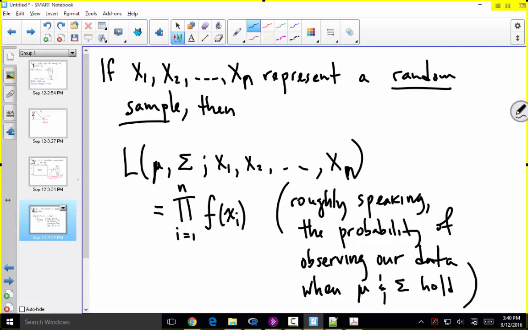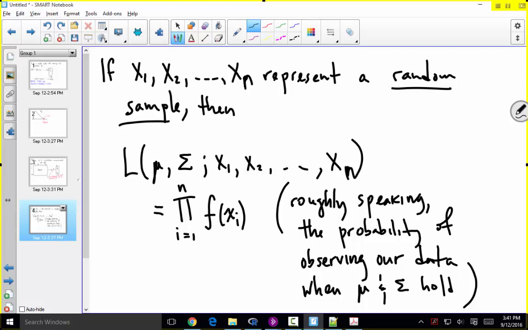What I mean by that is we're thinking of this quantity, a likelihood, as a function of what we don't know, the parameters. So this multivariate normal has a mean and a covariance. Those are the collections of parameters. As a function of those things, this is, roughly speaking, the probability of observing the specific data we saw.